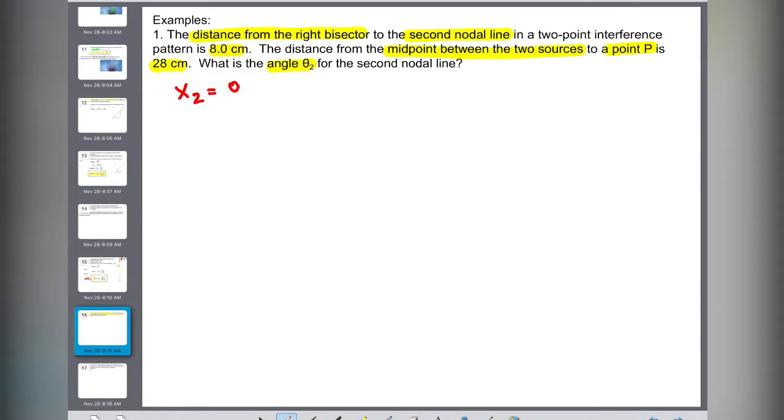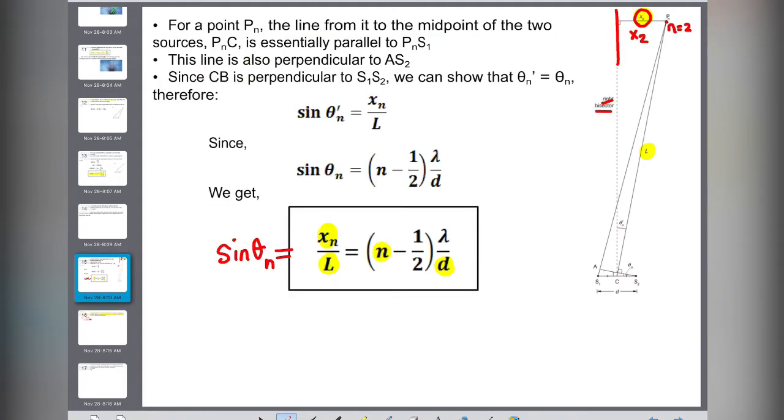So I know that x2 is equals to 8 centimeters. So change that to SI. And then the distance from the midpoint between two sources and P is 28 centimeters. So point P to the midpoint.